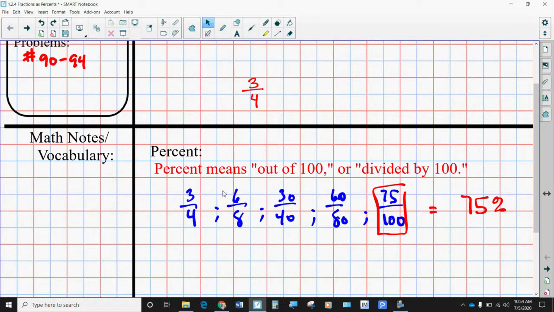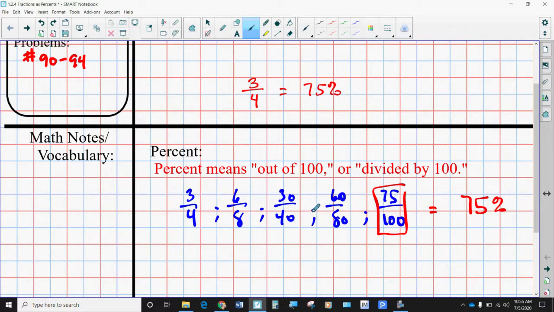If you multiply it times 10 over 10, it would be 30 over 40. If you multiply it times 20 over 20, it would be 60 over 80. It turns out if you multiply the 3 times 25 and the 4 times 25, you'll get a fraction with a denominator of 100. So 3/4 is the same as 75 out of 100, so therefore it is equivalent to 75%.